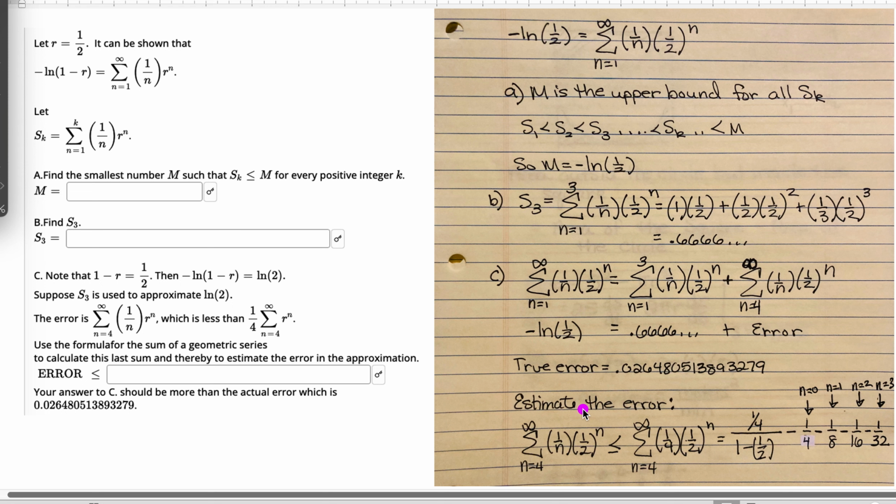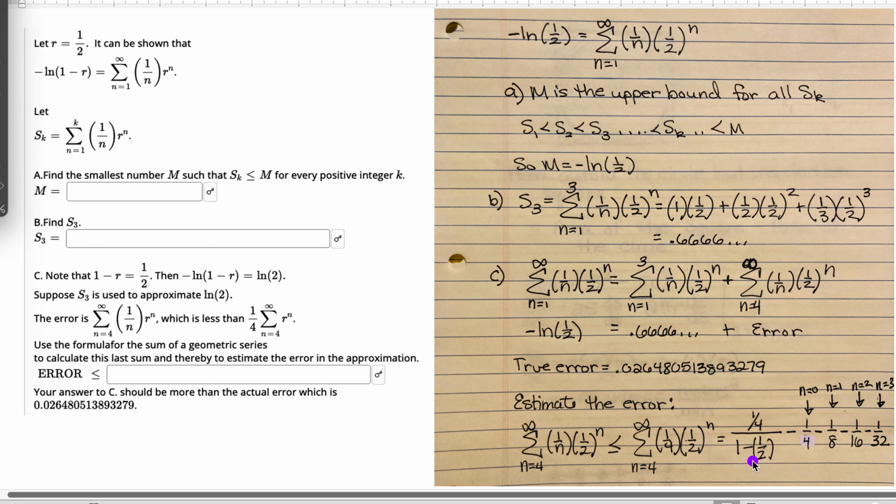So the series n equals 4 to infinity of 1 over n times 1/2 to the n is less than or equal to this geometric series, n equals 4 to infinity of 1/4 times 1/2 to the n. We can estimate this error using our formula for the geometric series. Now, if n started at 0, from n equals 0 to infinity, I would get that it converged to 1/4 over 1 minus 1/2.